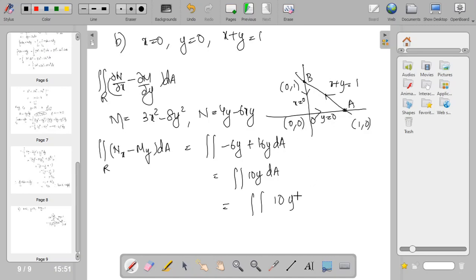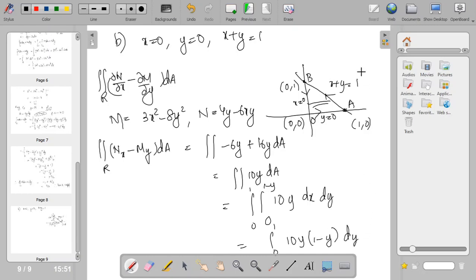So you can take any order of integration. So let me take dx dy. So x will vary from 0 to 1 minus y, and y will vary from 0 to 1. So that is integral 0 to 1 10y (1 minus y) dy.